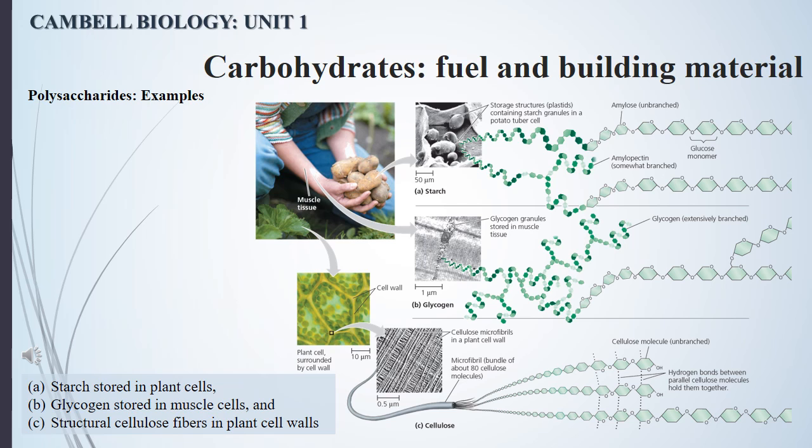These molecules form hydrogen bonds between parallel cellulose molecules that hold them together in a bundle. These bundles are called microfibrils, which bunch about 80 cellulose molecules together to create this matrix that gives structure and rigidity to plant cells.